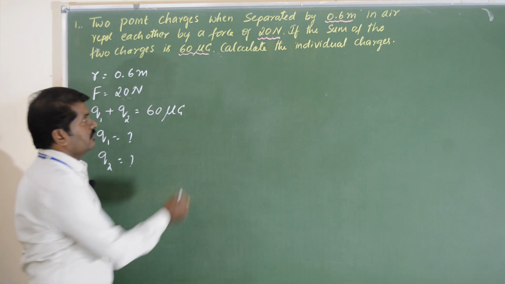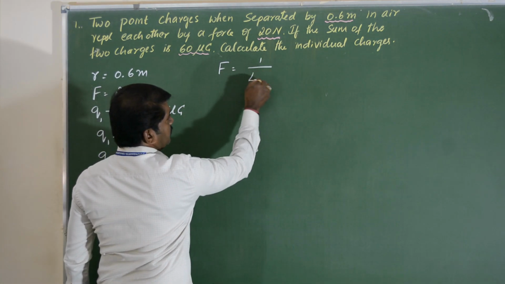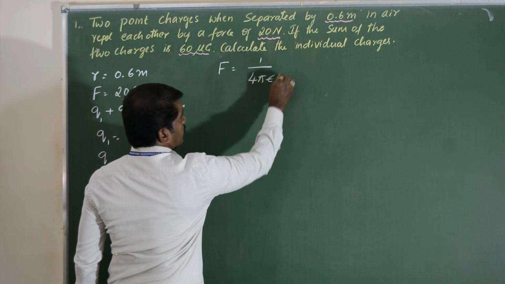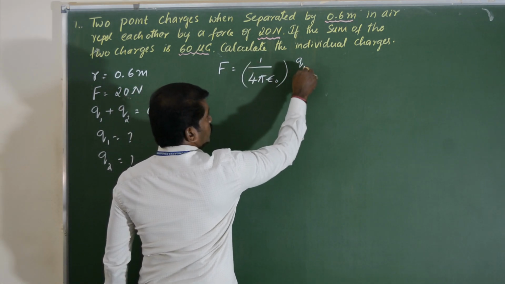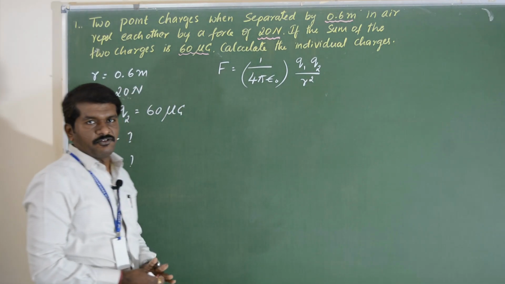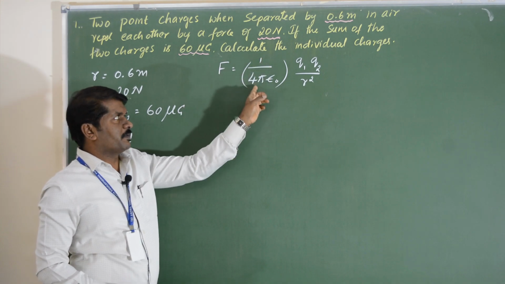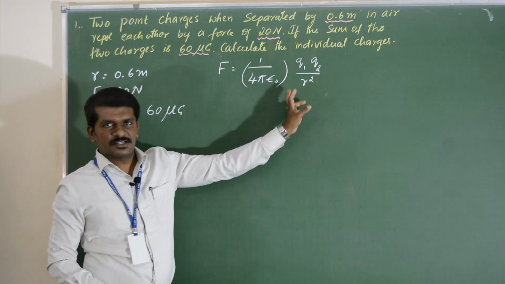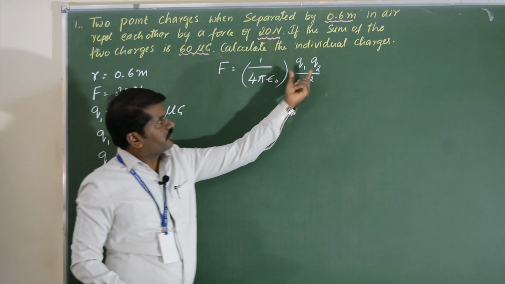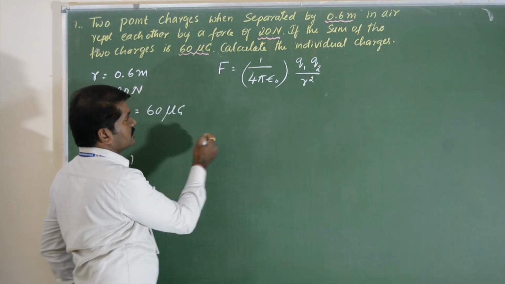As we know from Coulomb's law, F is equal to 1 by 4 pi epsilon naught Q1 Q2 divided by r square. We know the formula for Coulomb's law, that is F is equal to 1 by 4 pi epsilon naught Q1 Q2 by r square. First identify the value of the product of charges, that is Q1 and Q2. So I'll rearrange that expression.